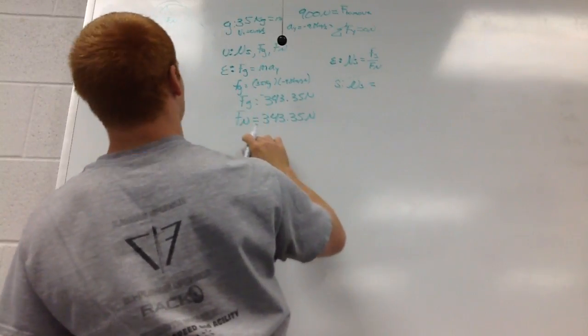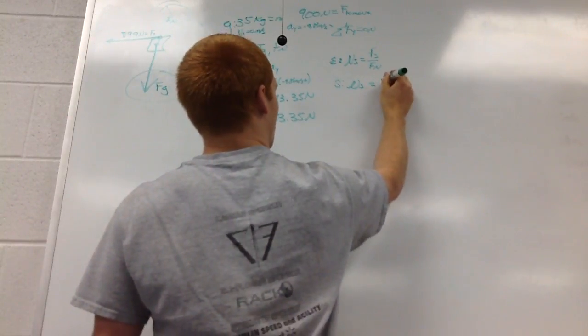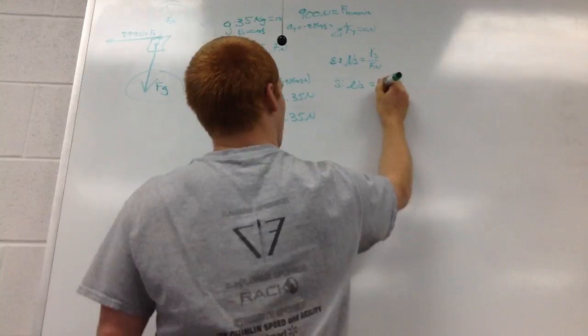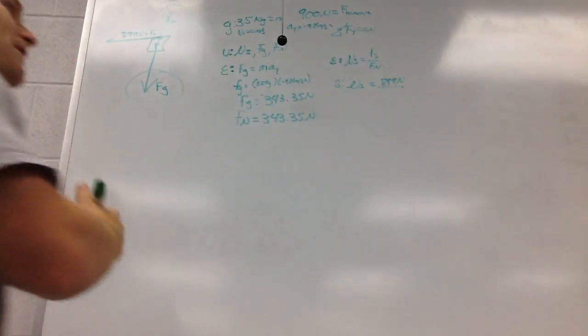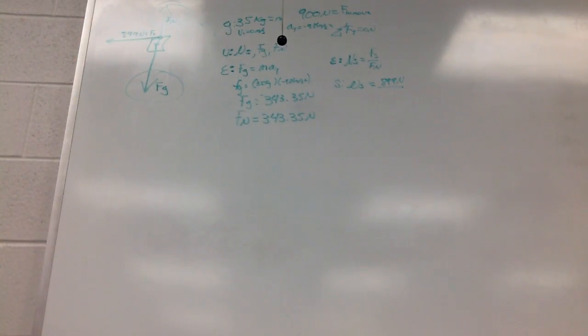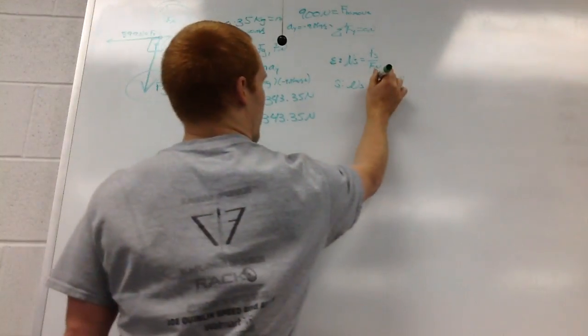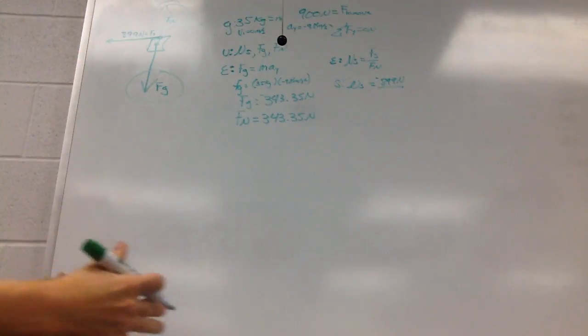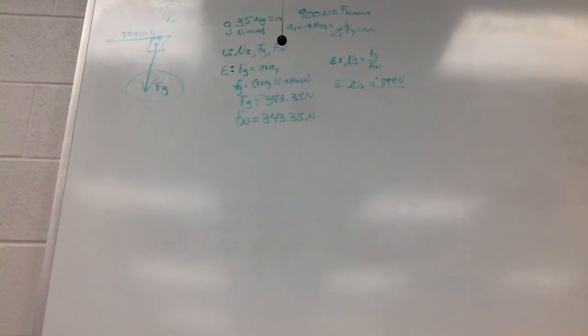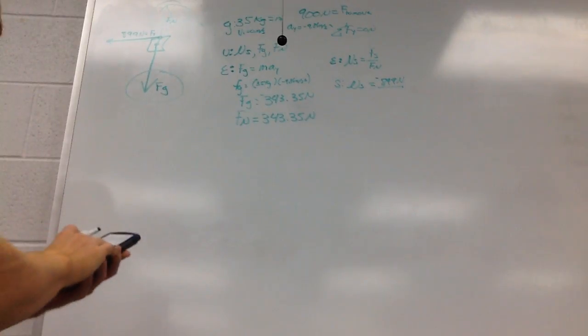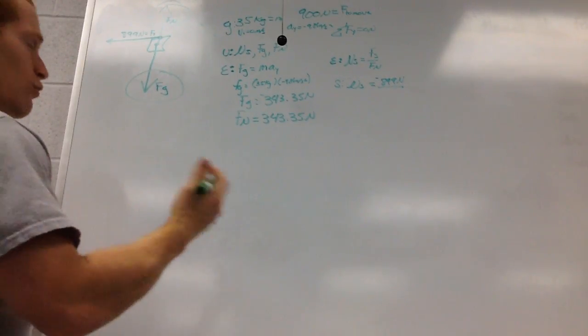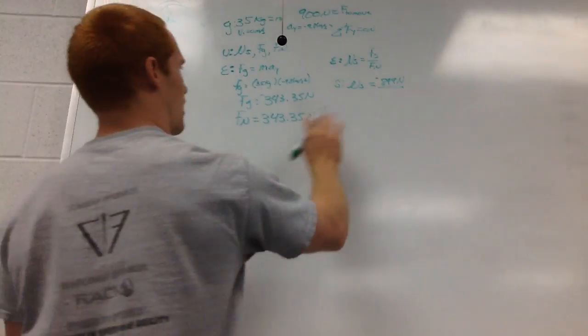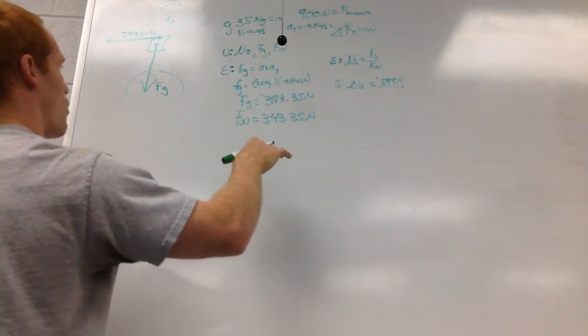So for force of static, we have 899 newtons. Remember, it's going left, so you can make it negative, although mu s doesn't really have direction. It's just a ratio, so if you leave off the negative, that's fine. If you put it on, don't worry about it, I won't count it wrong.